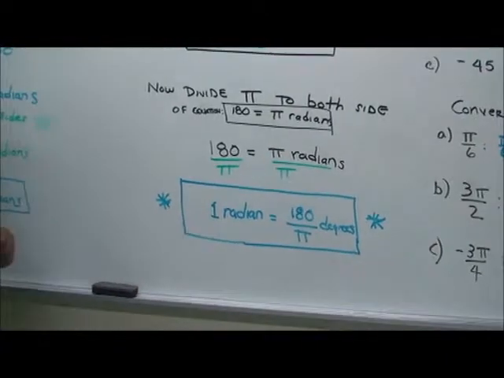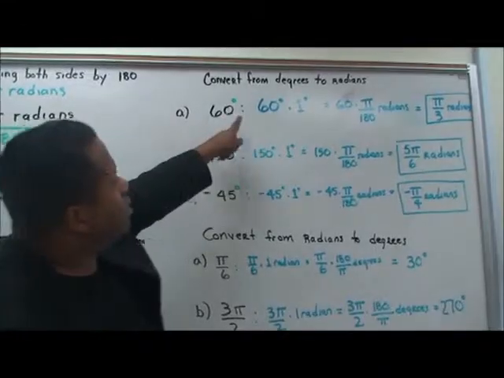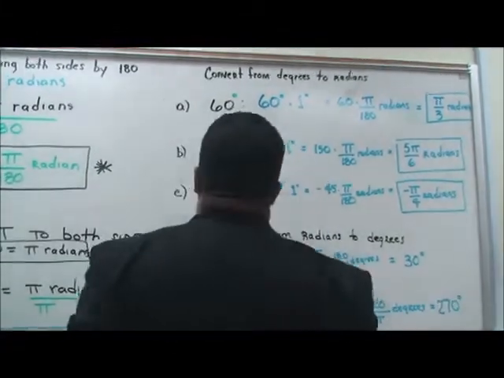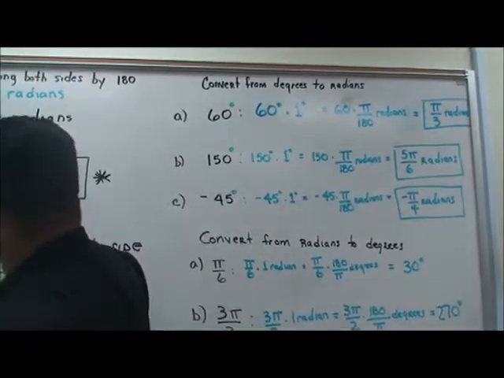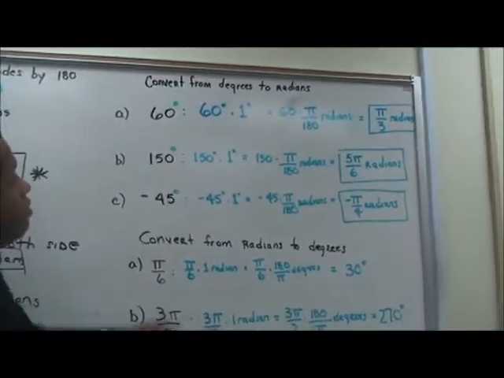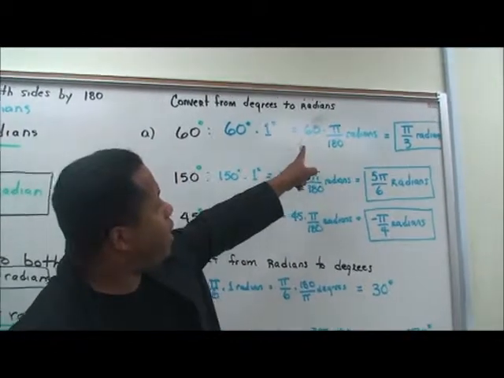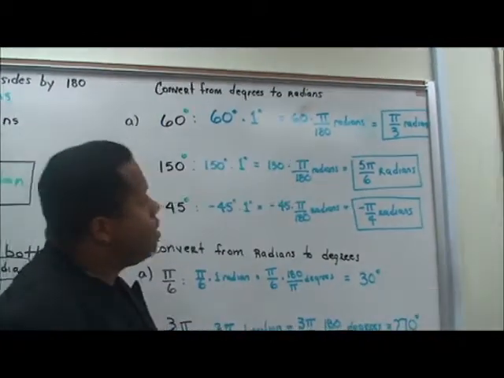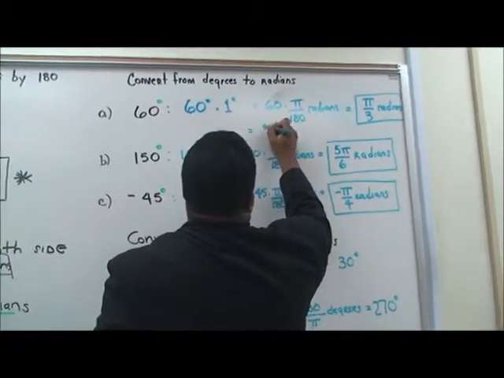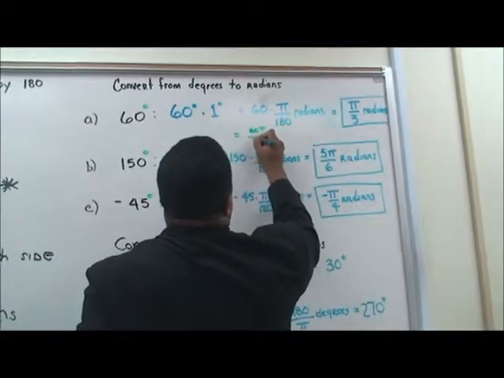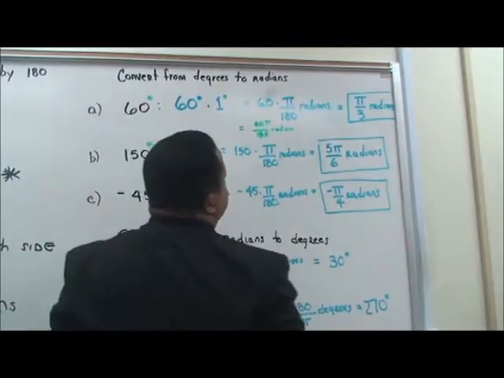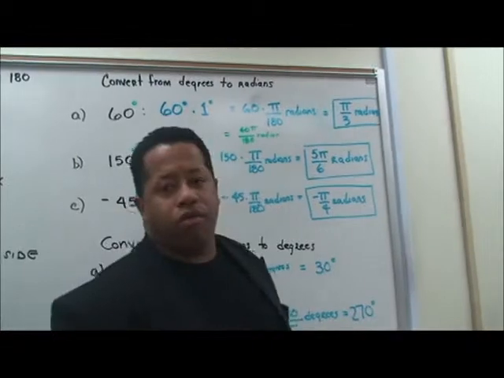180 degrees divided by pi. Now, 60 degrees times 1 degree. Again, 1 degree is equal to pi over 180 radians. So we have 60 times pi over 180. This is really 60 pi divided by 180 radians, which reduces down to pi over 3 radians.